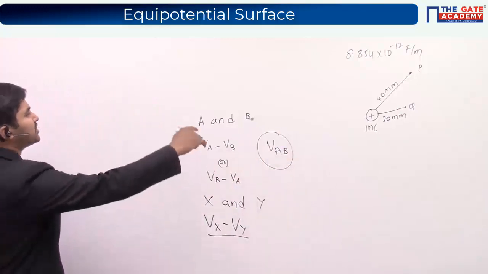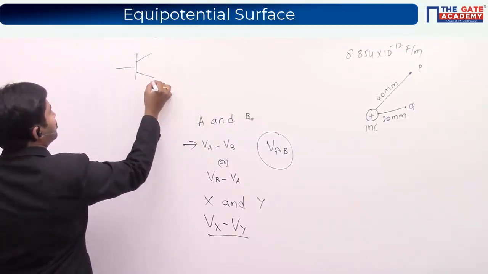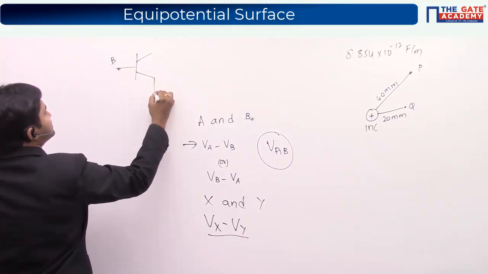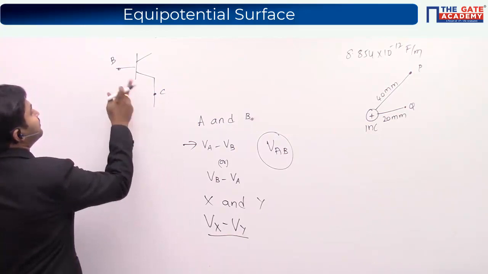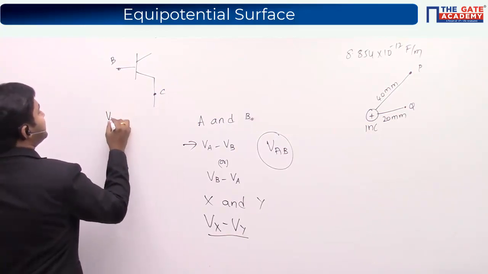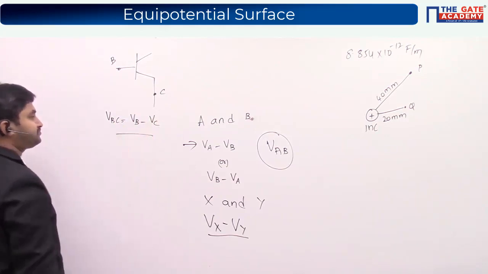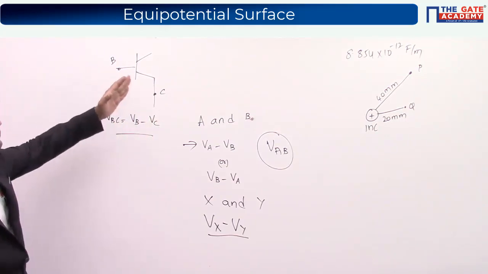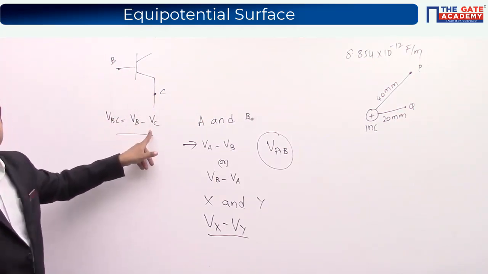But once you go to subjects like electronic devices or analog electronics, if you have a point called the base and a point called the collector, then the potential difference between base and collector is written as VBC equal to VB minus VC.